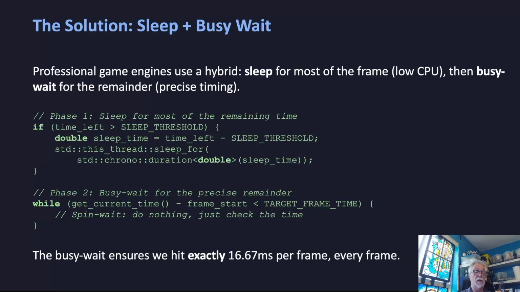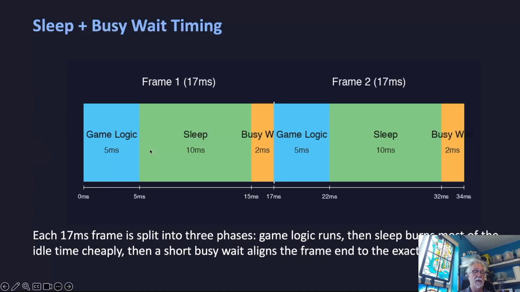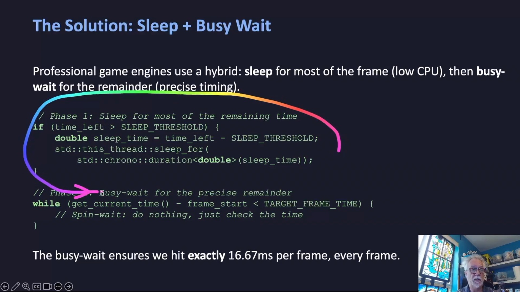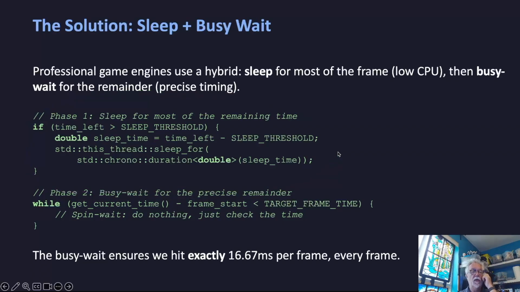And so this is what we're going to do right here. In this particular thing here, this little circle is going to wait. So that's our sleep. We are going to call the system.